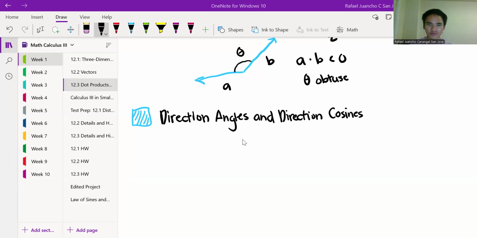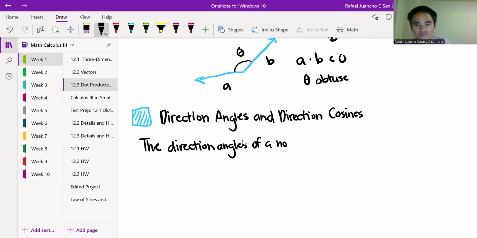Okay, so basically what this is saying is, the direction angles of a non-zero vector A, what are their direction angles?